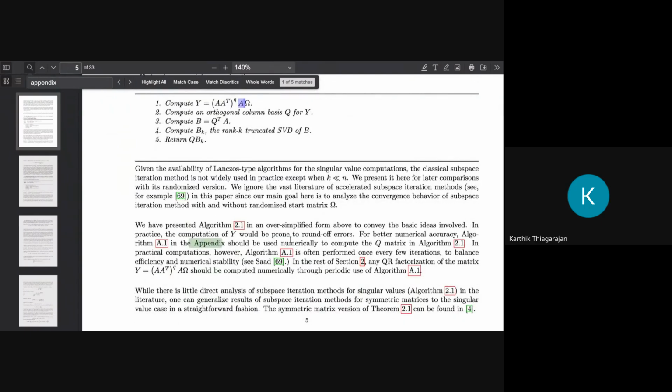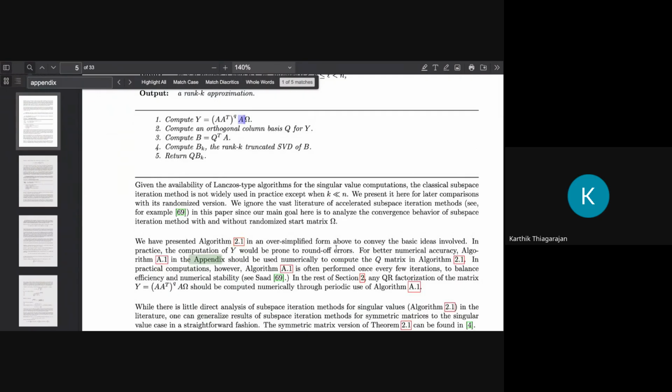We have presented algorithm 2.1 in an oversimplified way, so this is not exactly how they do it. In practice, the computation of Y would be prone to round-off errors, as you mentioned. So for better numerical accuracy, algorithm A.1 in the appendix should be used. After every few iterations of the inner loop, they balance it by doing a QR.